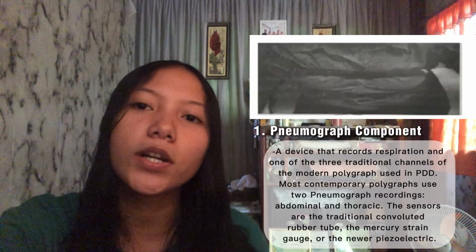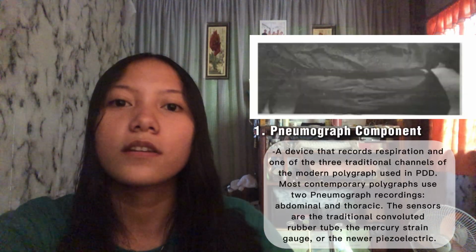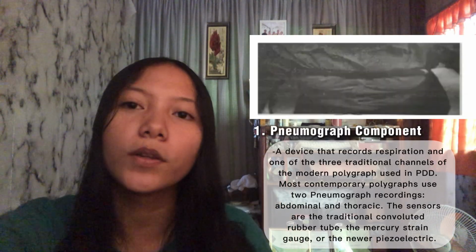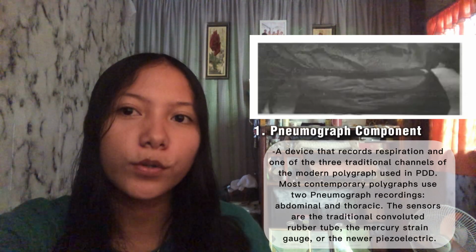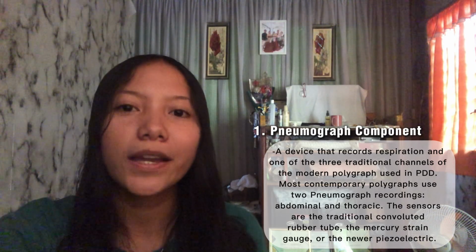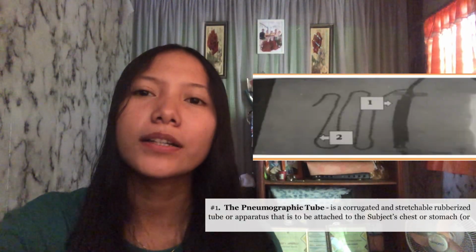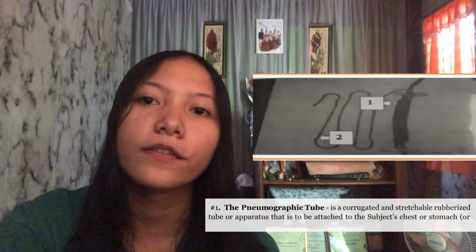Most contemporary polygraphs use two nomograph recordings, those are the abdominal and thoracic. So the sensors in the polygraph are the traditional convoluted rubber tube, the mercury strain gauge, or the newer piezoelectric.